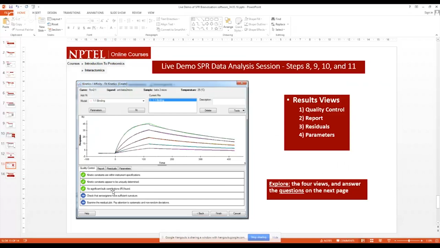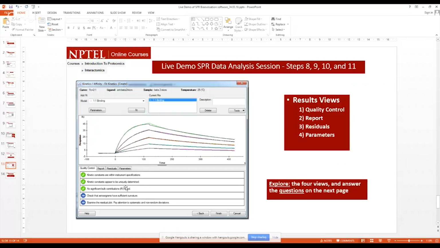Basically, Rmax is the maximum binding capacity of your chip at saturation. This Rmax value is very important, especially when you're doing kinetics experiments, to determine how much of your ligand you want to immobilize on your chip.